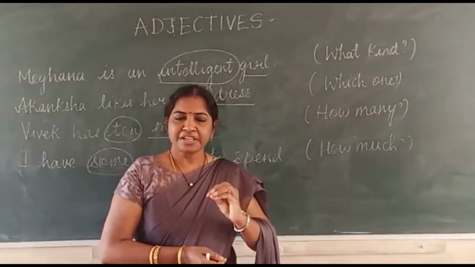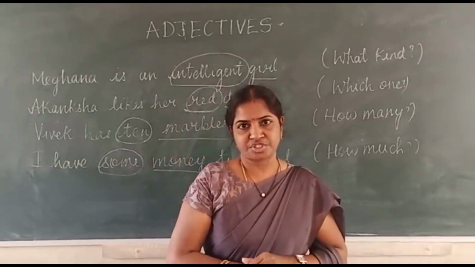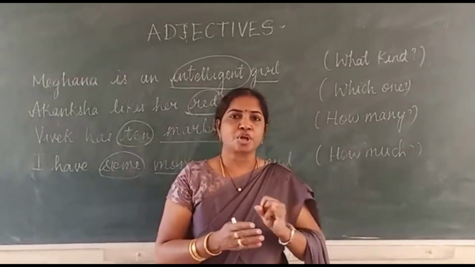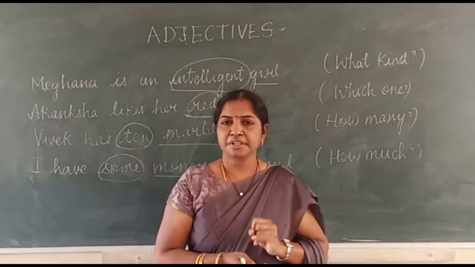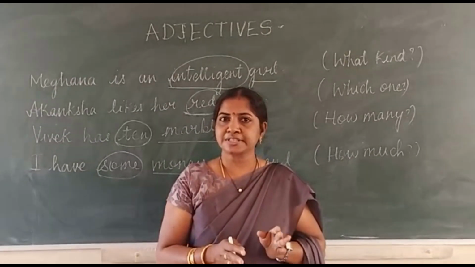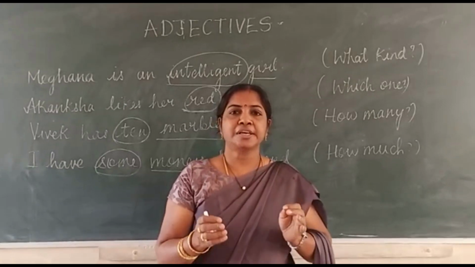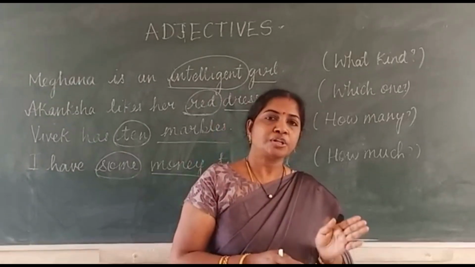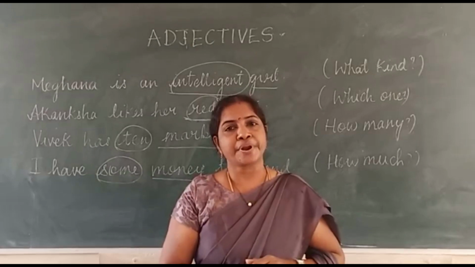Now let me give you the attributes of an adjective. The first one is almost similar to the definition. That is, it describes about a noun, that is a person, place, thing, and also it describes about the pronouns.